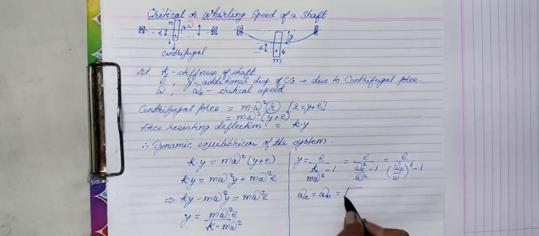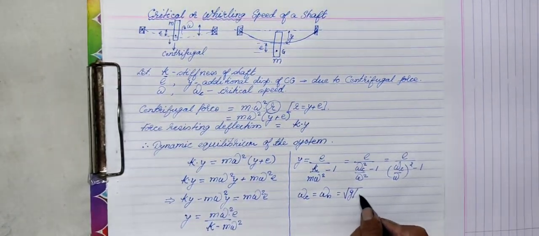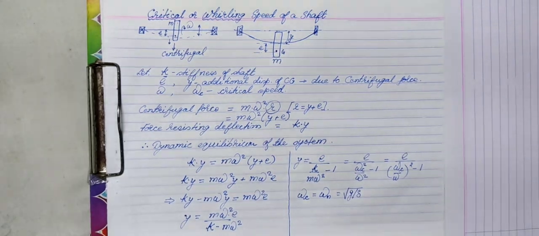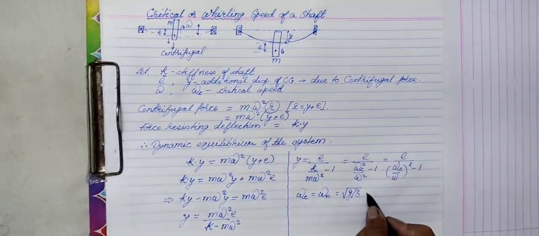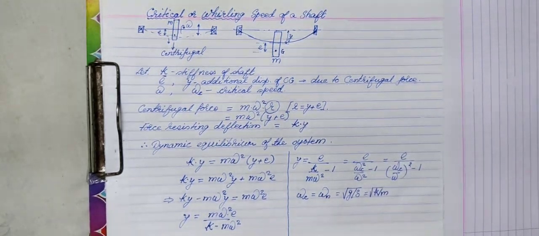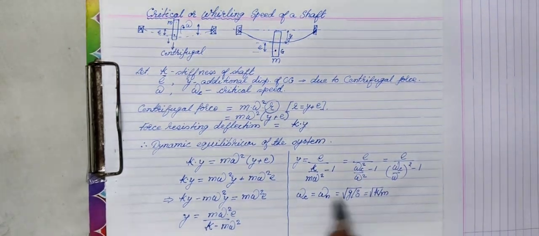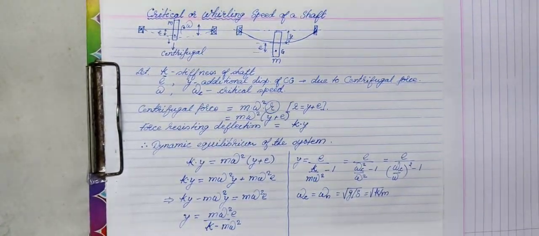This can definitely be under root of g by static deflection delta, which is under root of k by m. This is known to us, so that is how we can express this situation.